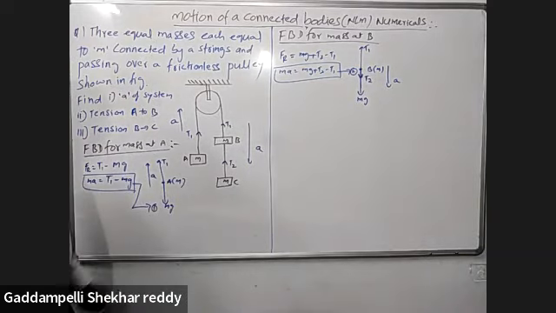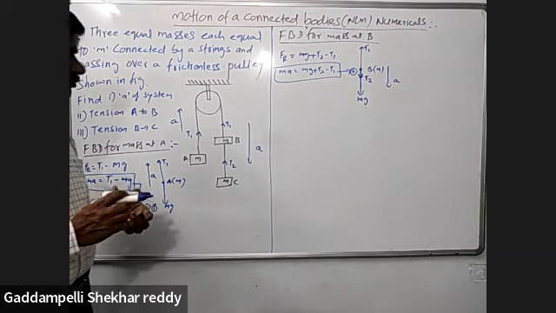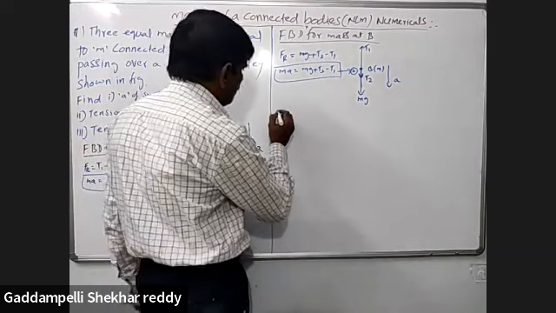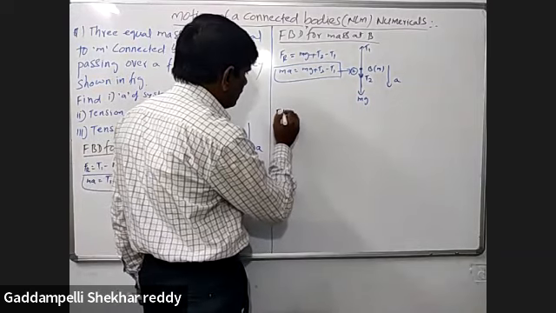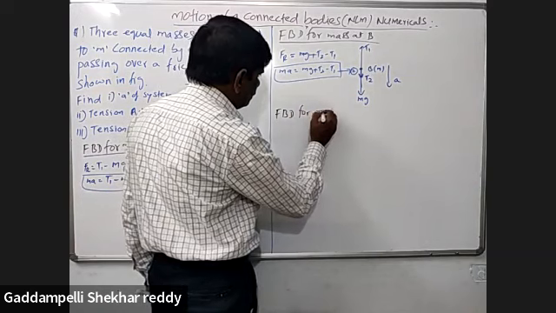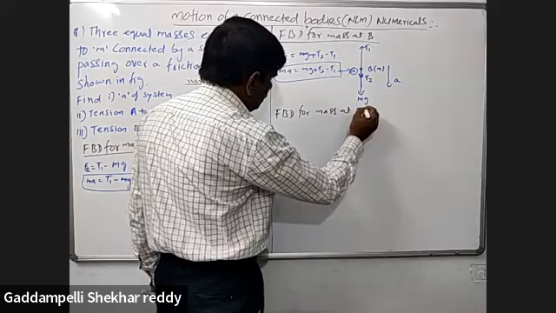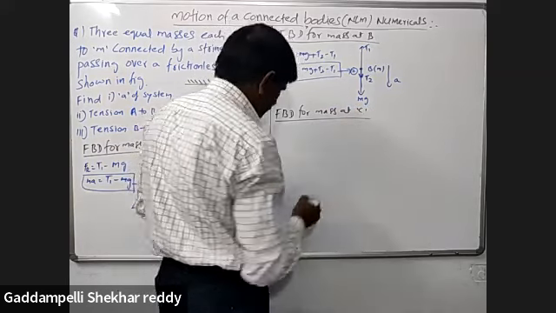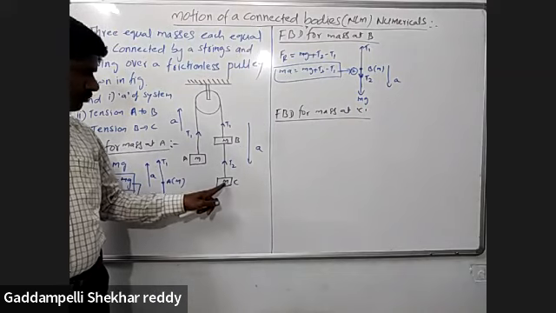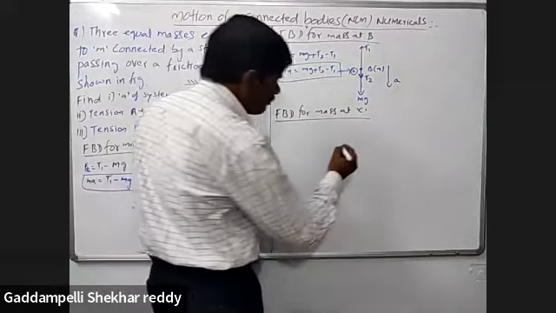Next, the remaining free body diagram for mass at C. Same condition: this mass is also isolated from the system and we draw the diagram showing all forces.